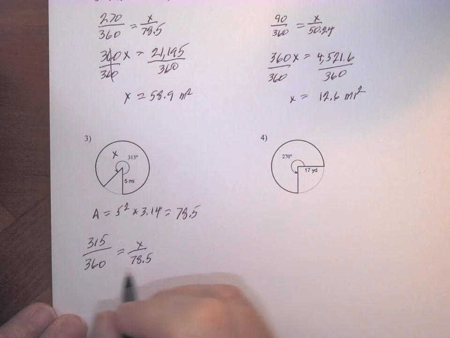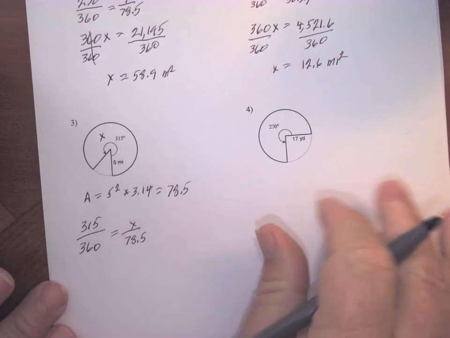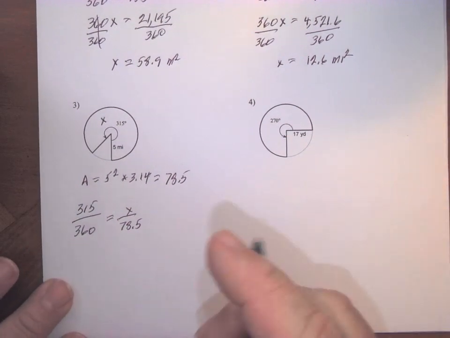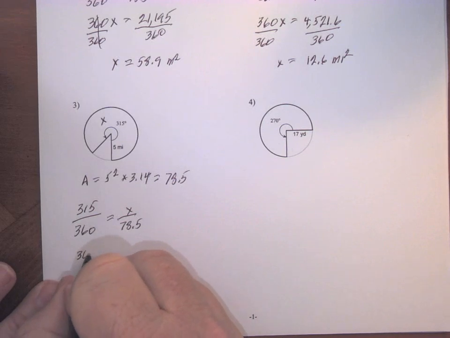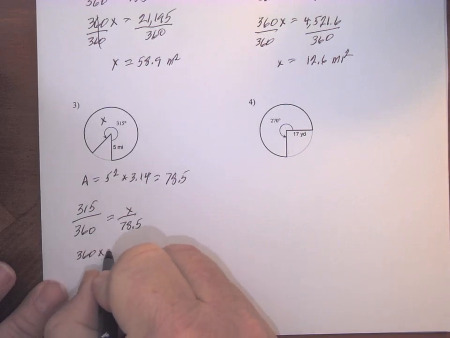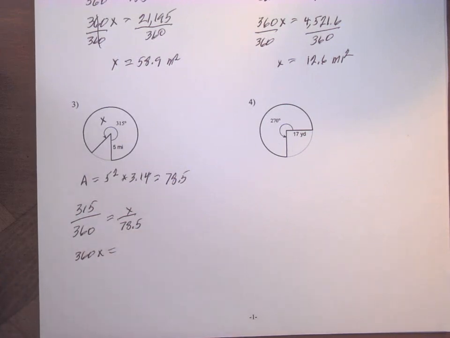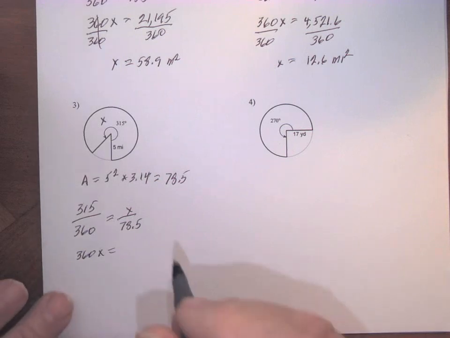All right, we do our arithmetic here, and we end up with 360x is equal to 78.5 times 315, and we get 24,727.5.